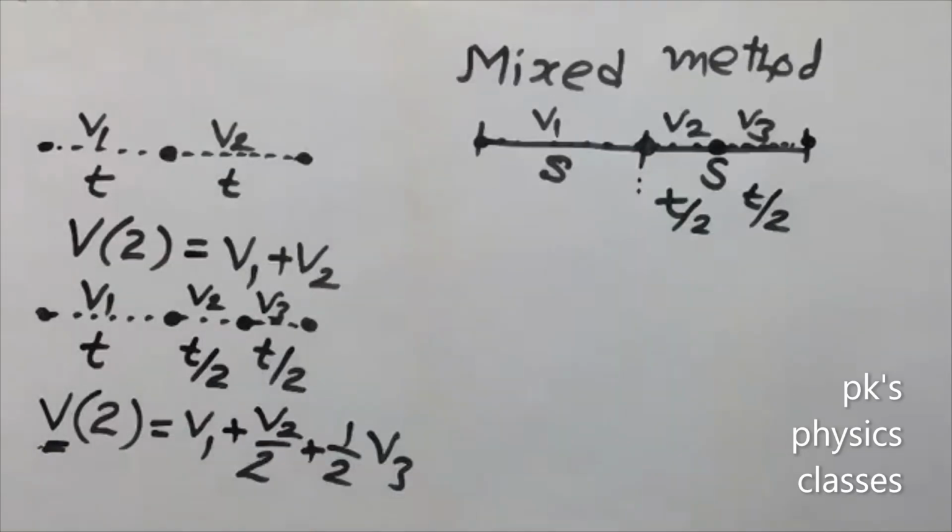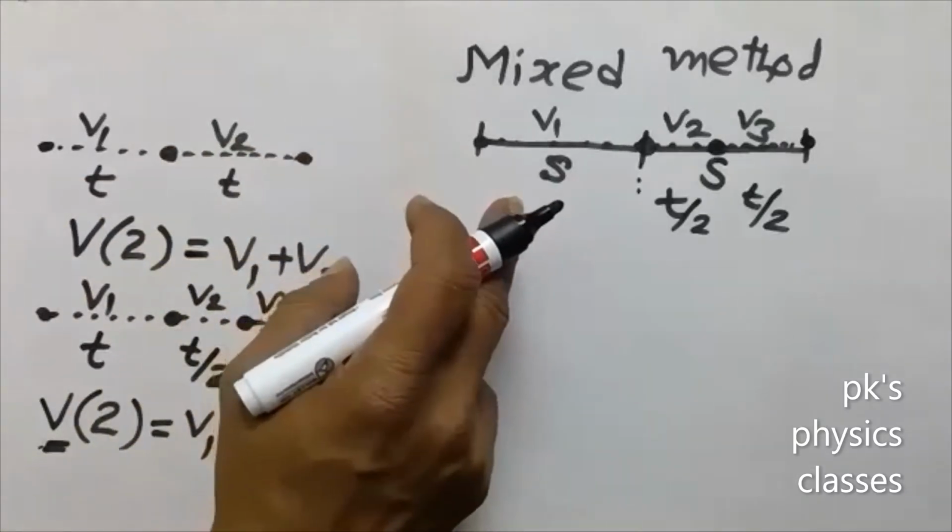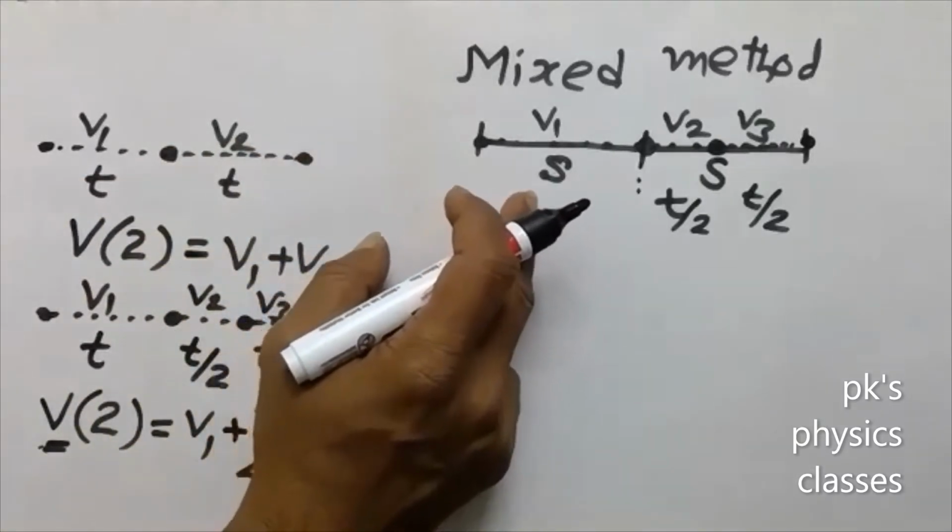In the next model, it's a mixed method. So there we have seen distance based average speed and time based average speed. Here both things we have to take care of.